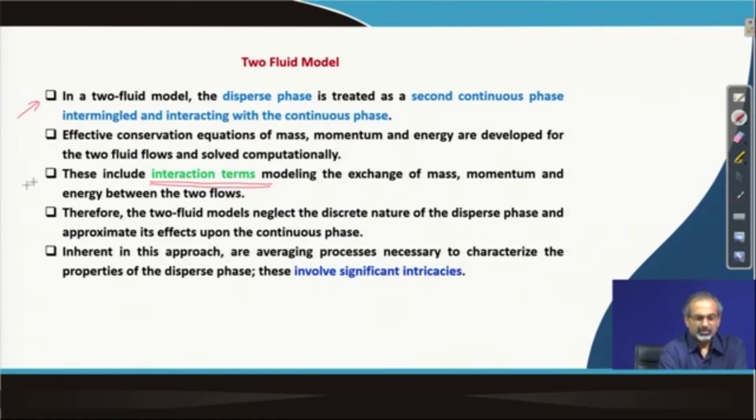You have to keep in mind that this effect is primarily coming in through the interaction terms, as we have mentioned in the third point, and in this approach there are certain averaging processes which are necessary to characterize the properties of the dispersed phase, and they could also add on to the intricacies of the computations. There are more modeling issues also which can add on intricacies of the computations. So, to keep things simple, we are confining ourselves to the one fluid model.